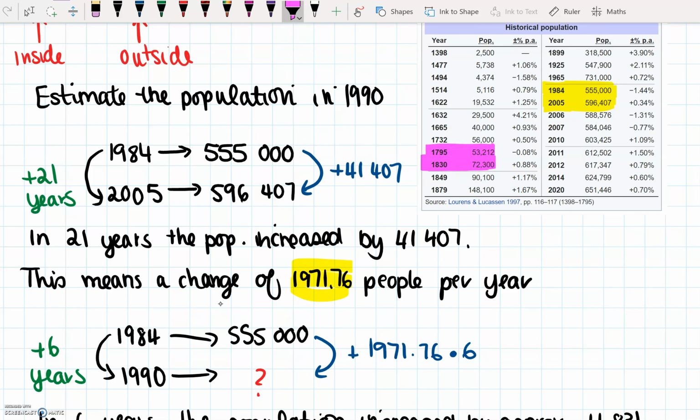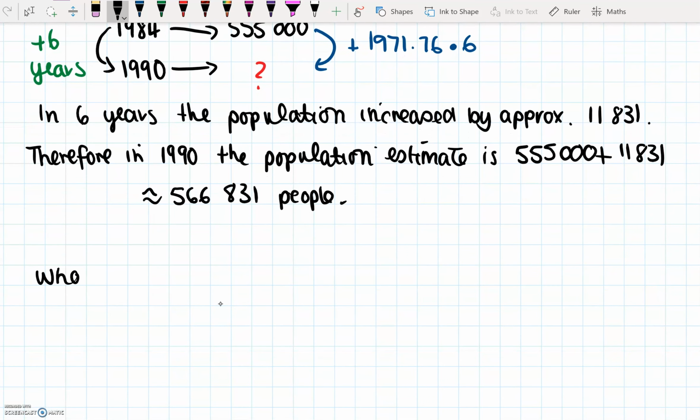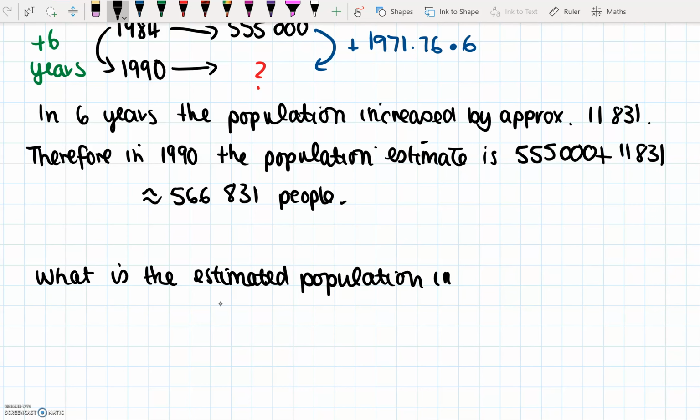Now for extrapolation, as I said to you before, we can estimate the population in the future or way back in the past before the table started. Now we'll do 2030. So what is the estimate population in 2030?